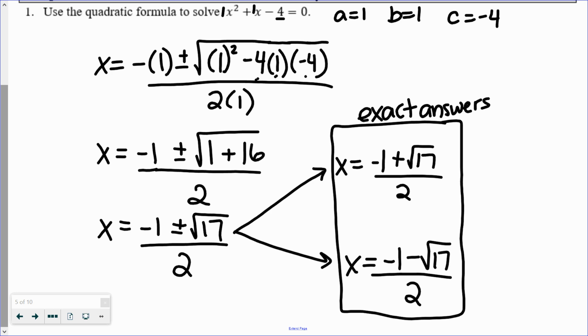And this is probably what I would be looking for on a test, an exact answer. We could look at our rounded answer. If you punched in negative 1 plus the square root of 17 divided by 2, you get 1.56. And if you put in negative 1 minus the square root of 17 divided by 2, you get negative 2.56. So these are our rounded answers.